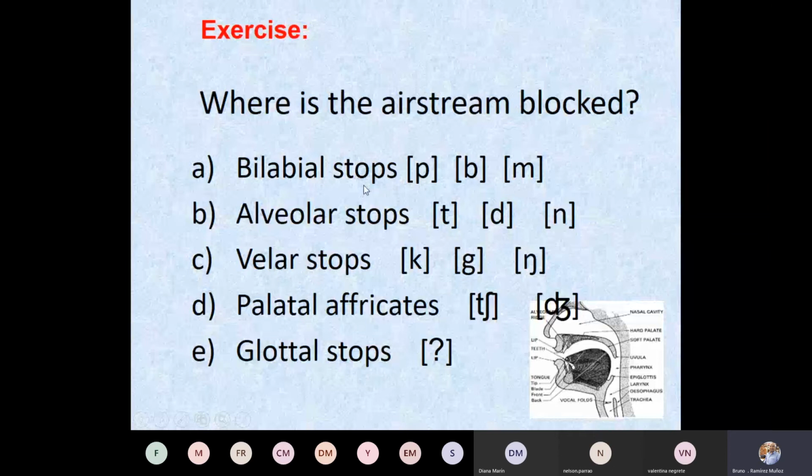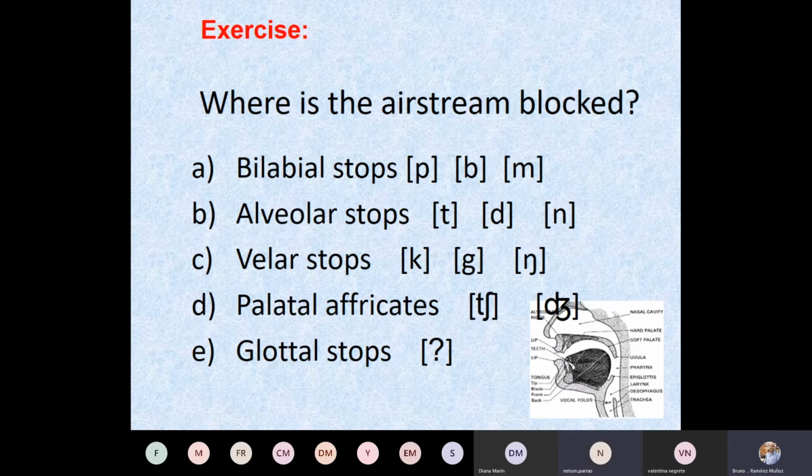That's question number 1. Where is the airstream blocked when you articulate alveolar stops or alveolar plosives? That's the second question. So you have 5 questions here. This is not a multiple choice item.